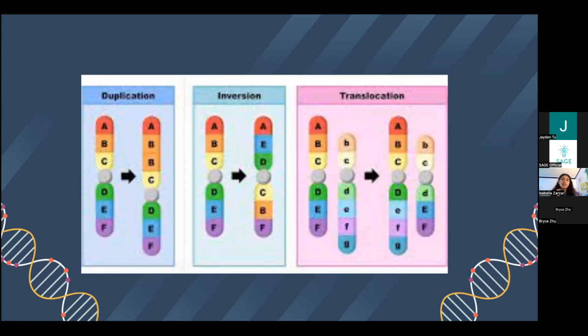Yeah. Then we have translocation. So just take a moment to try to see what's different between the before and the after. So we have two different chromosomes. Basically, what happened was that some of the bases got switched off.